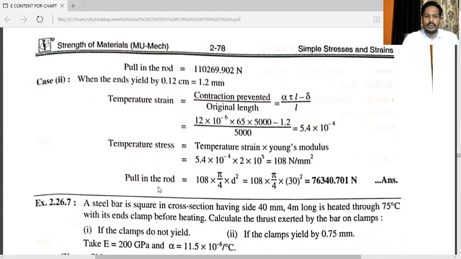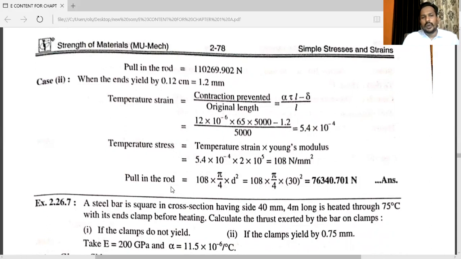So pull in rod, that is force, is equal to stress into area. We have the value of temperature stress. We have the value of area, that is pi by 4 into d square. So pull in the rod is equal to 108 into pi by 4 into d square, where d is 30.